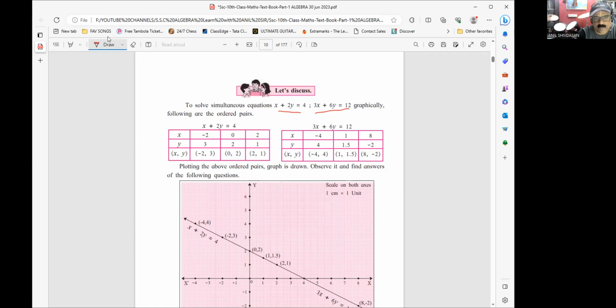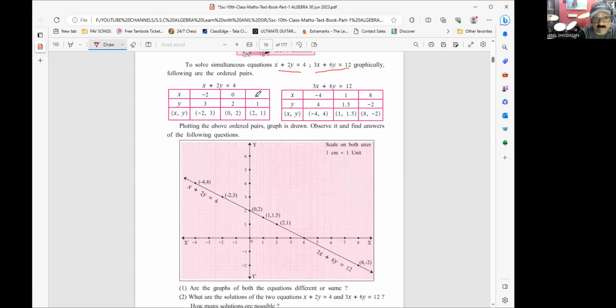Okay. So what happens when you plot this on a graph? Now this is what happens with these 7 points. First is -2, 3, which is here. 0, 2 is here, it's on the y-axis. 2, 1 is here.